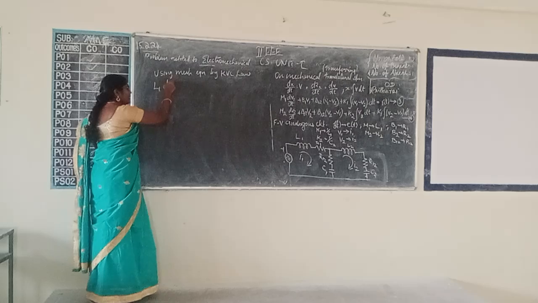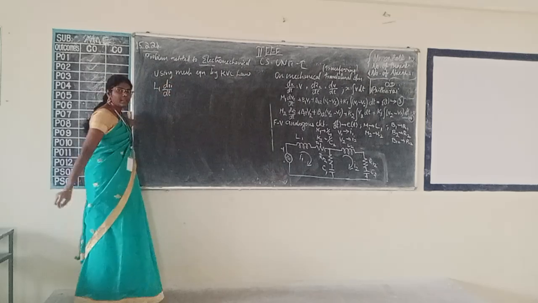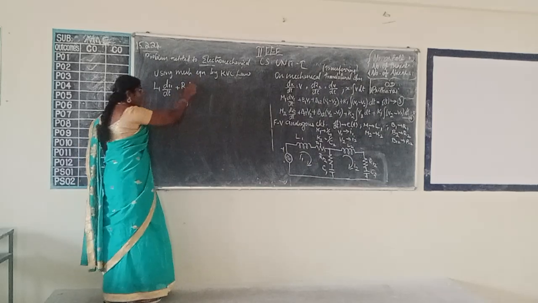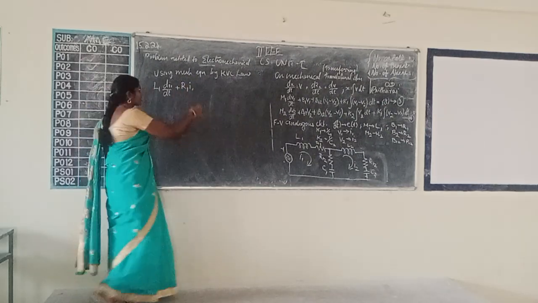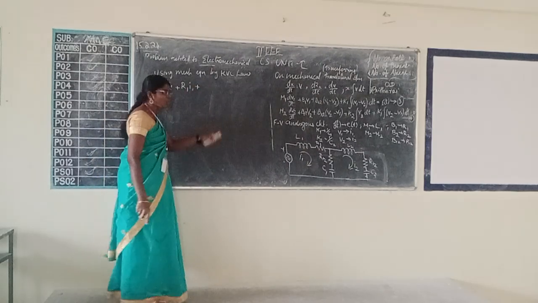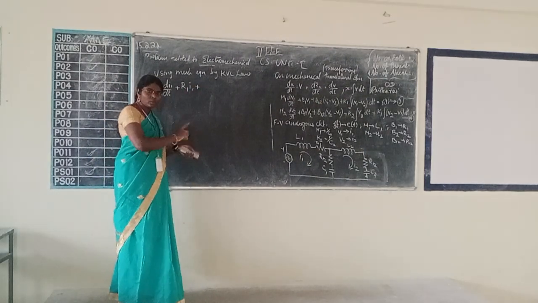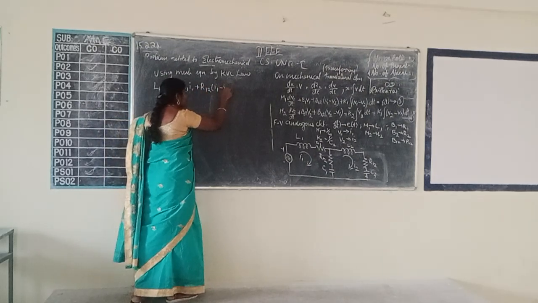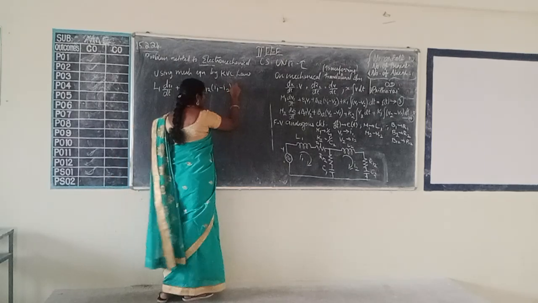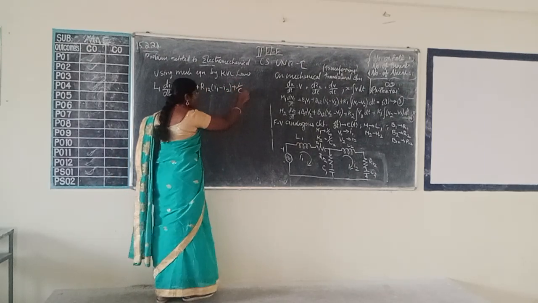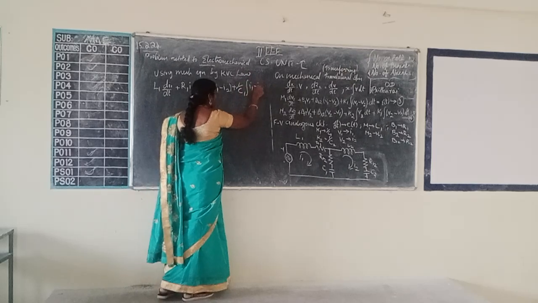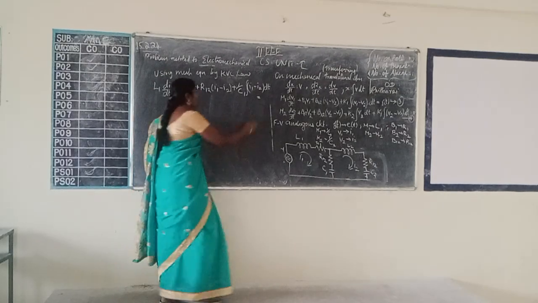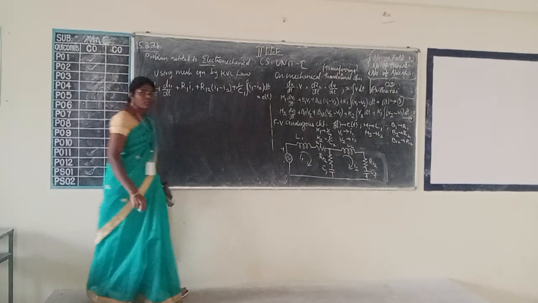L1 dI1 by dt plus the current through the resistance R1, which is R1 into I1. Correct? Next, R12 is common to both, right? So how will we write it? R12 into (I1 minus I2). And next the capacitance. For capacitance, we write 1 by C1 integral of (I1 minus I2) dt, which is equal to e of t. Okay, this is the first.